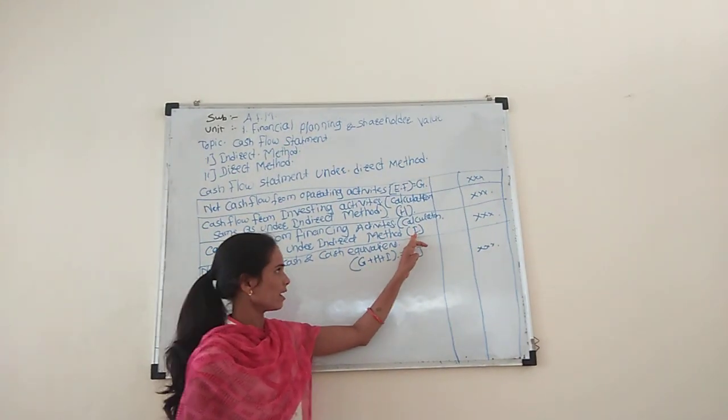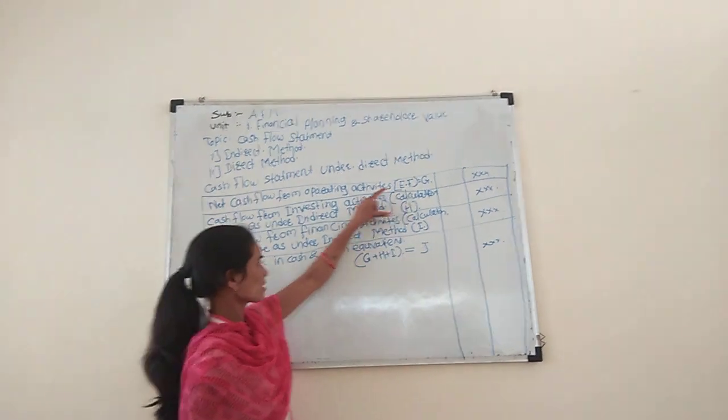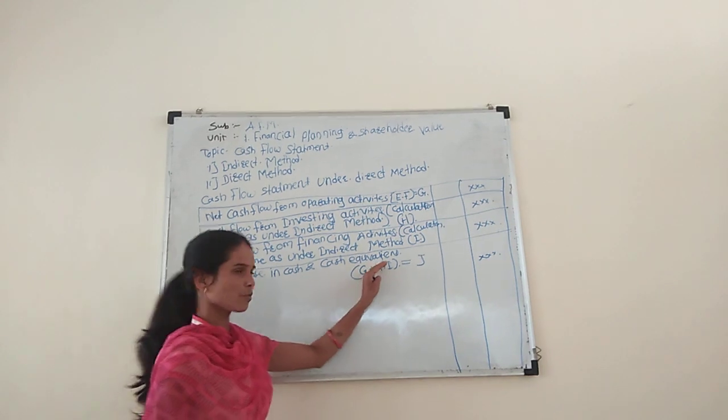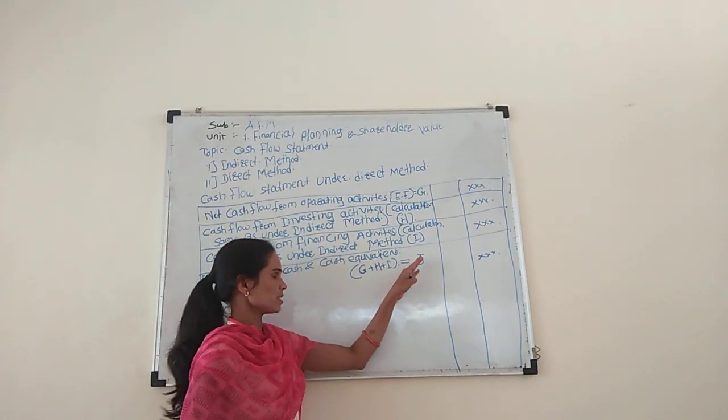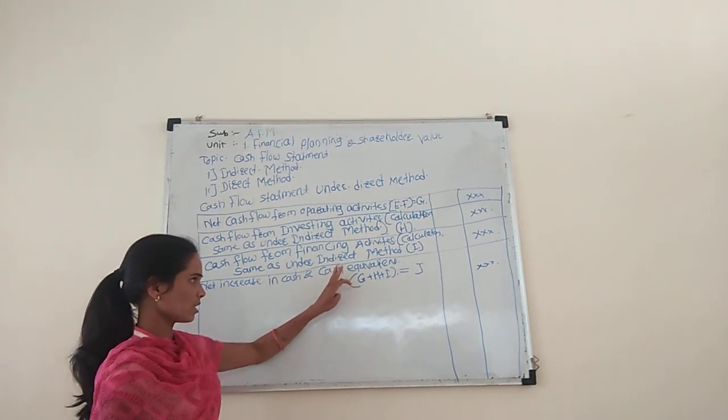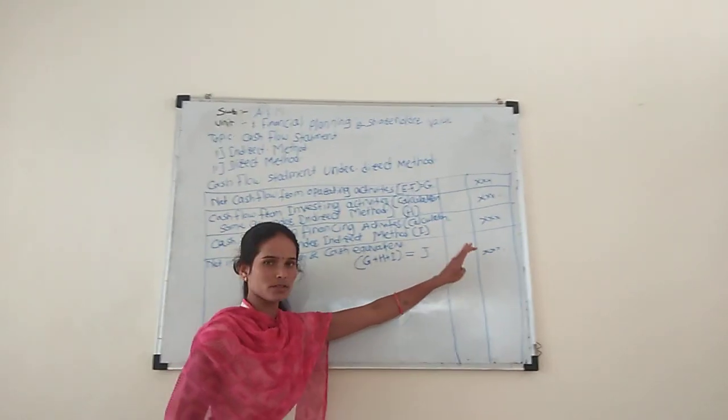These three items together are J: G plus H plus I is equal to J. J means net increase in cash and cash equivalent, and the amount goes in this column.